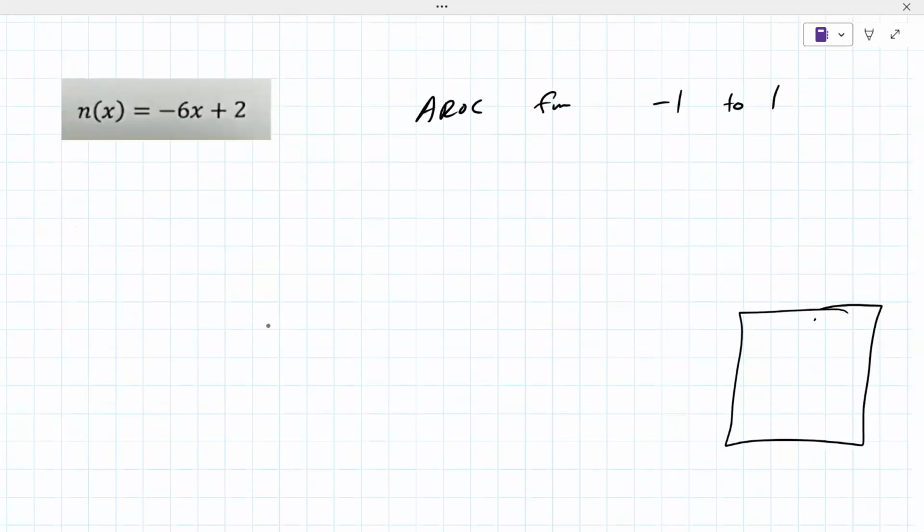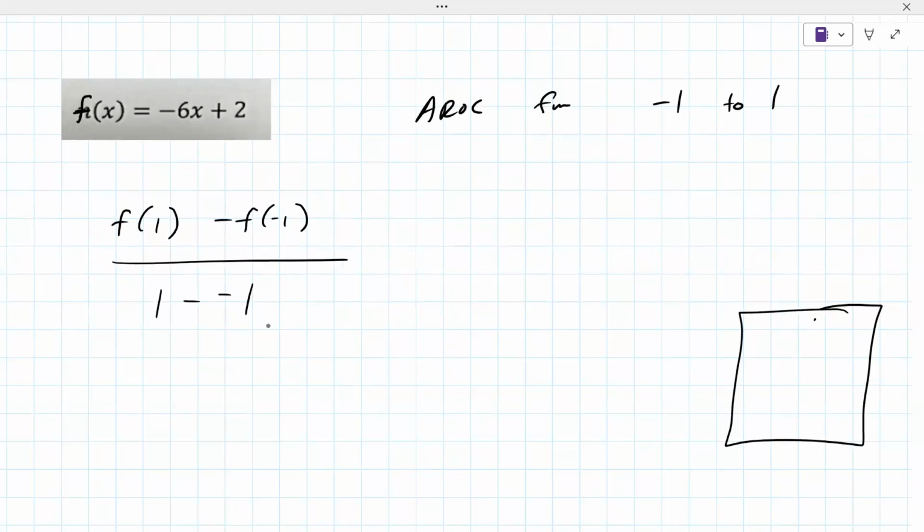That's kind of weird. You can change that to f if you want. That's fine. You have to find f of 1 minus f of -1 over 1 minus -1. I thought it'd be -4 minus 8 on the bottom.